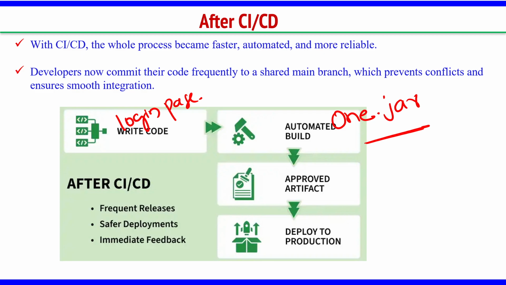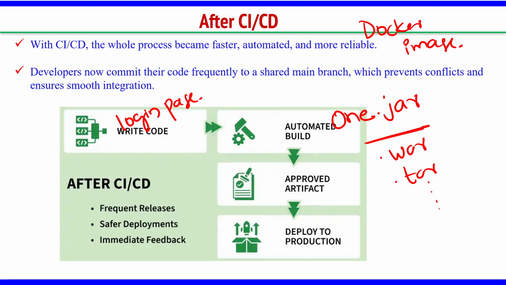Then an automatically deployable entity will be created, like .jar, .war, .tar. Every software has different archives. So this will be automatically built. For example, if you are using containers, we are going to study about containers, a Docker image will be created.